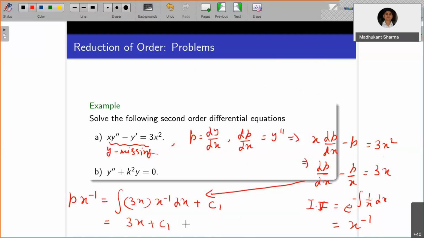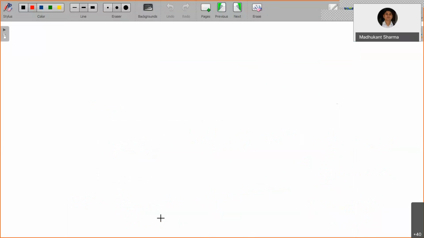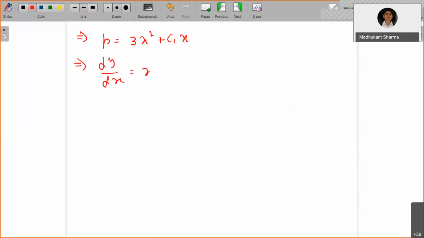So this implies, taking x on this side, p equals 3x square plus C1x. What is p? p is dy by dx, that's equal to 3x square plus C1x.